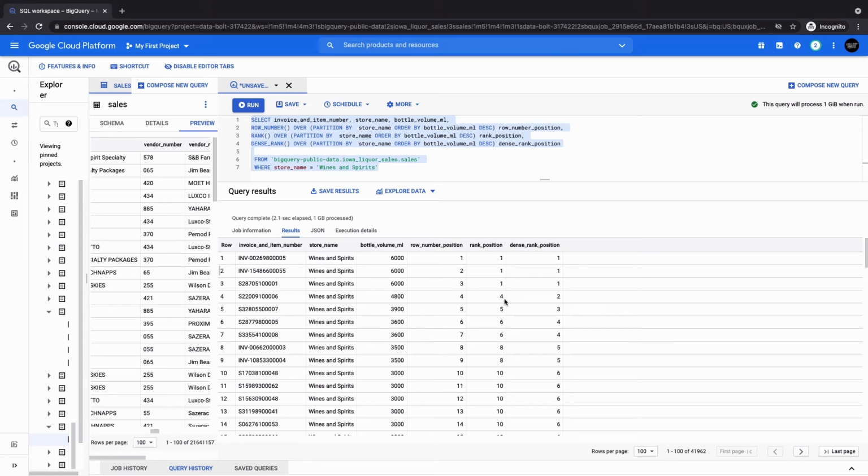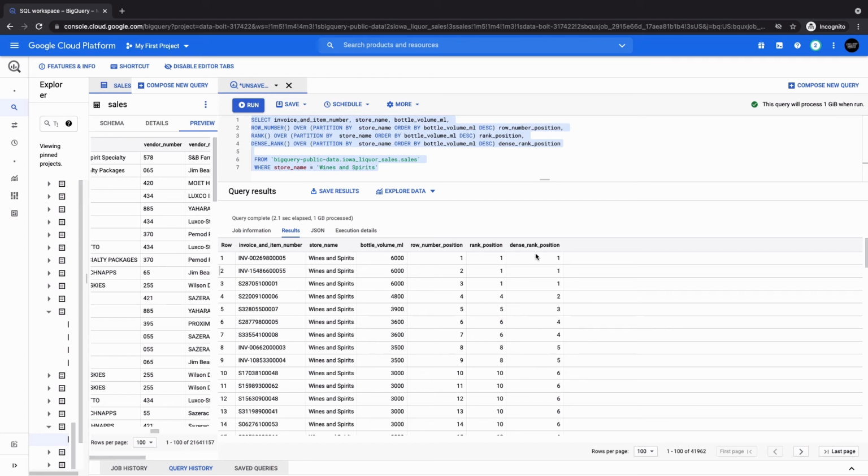So it goes to 4, it goes to 5, and then there is another tie, so you have 6, 6. Because it has taken 6 and what would be 7, the next position is 8. Then it gives 8, 8, and because it also used what would be 9, the next position is 10. This is the idea of rank.